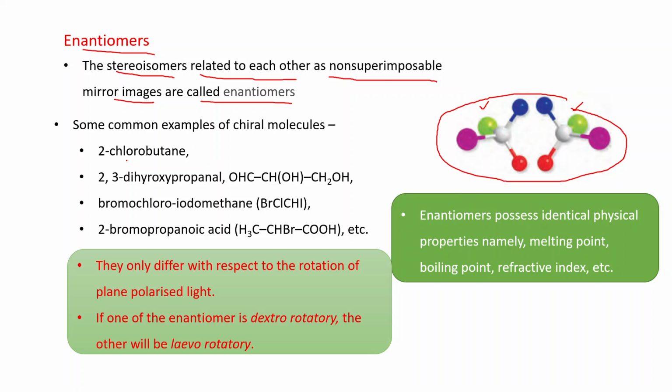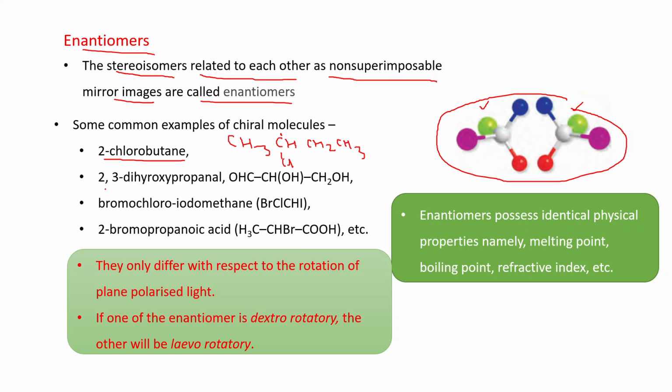Some more examples, like 2-chlorobutane. Just write its structure. This is CH3, this is CH, this is Cl, this is CH2CH3. Now this carbon is the stereo center, the asymmetric carbon. 4 different atoms or groups are attached to this carbon.